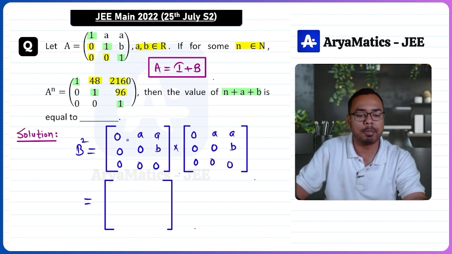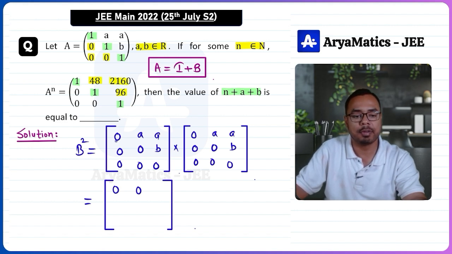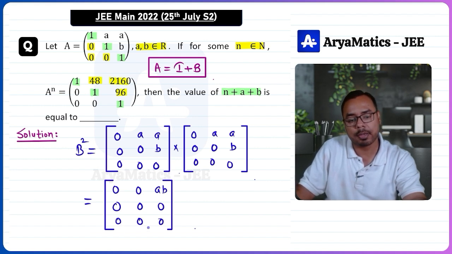Now here if you calculate B square, first row first column will give us 0, first row second column 0, first row third column will give us AB, and then again 0. Second row first column 0, second row second column 0, second row third column still 0, third row is completely 0, so these three elements will become 0.